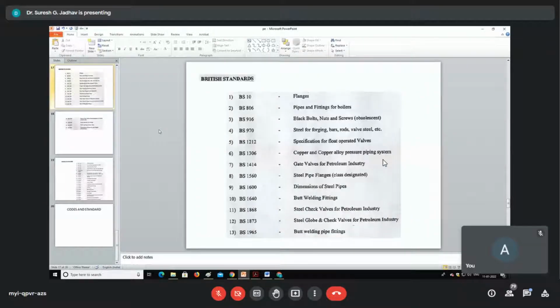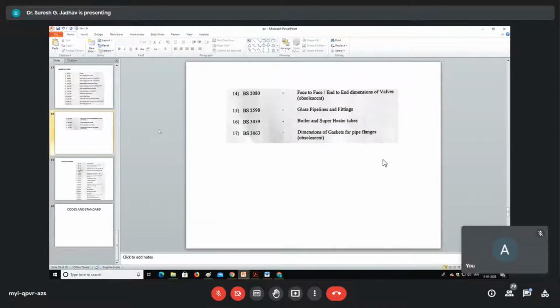These standards accept material covered in other standards. Unlike American standards, Indian standards cover dimension and material specification under the same standard.